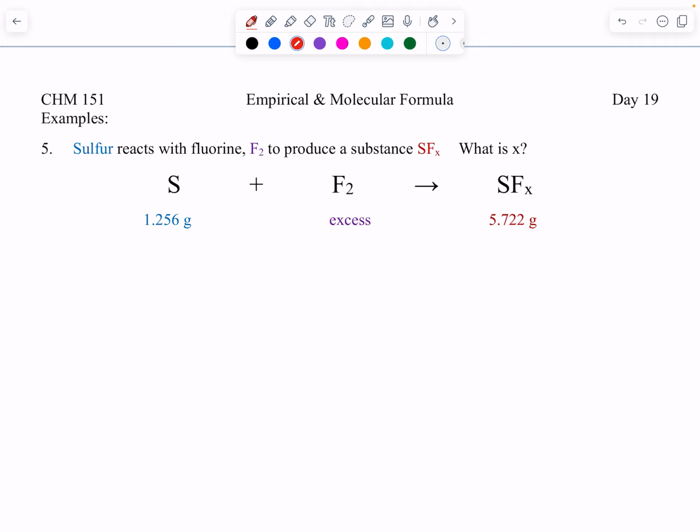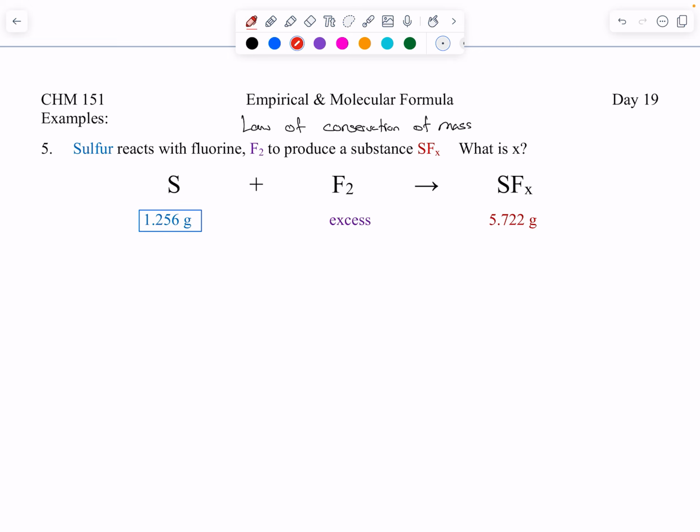What does excess mean? We have excess fluorine. That means I have plenty of fluorine, extra fluorine. What do we know? We know that much sulfur. Now, there is something called the law of conservation of mass. So if I have that much sulfur here, how much sulfur do I have on the other side?